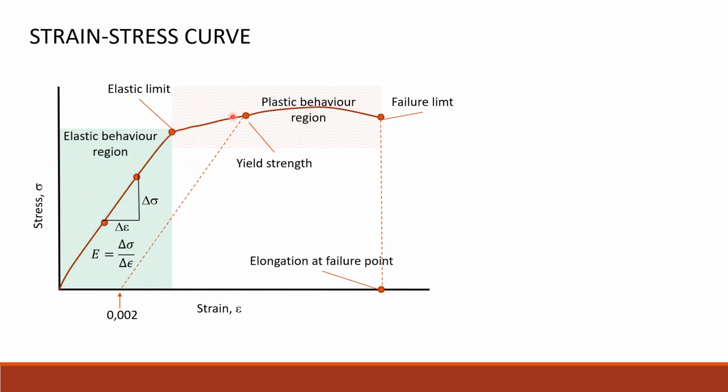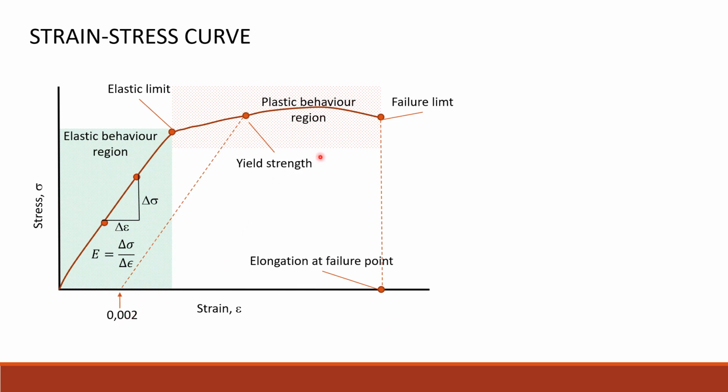During this time, I still have plastic behavior, but it's not so high. So I define the yield stress as the point where the deformation intersects the x-axis at 0.002.